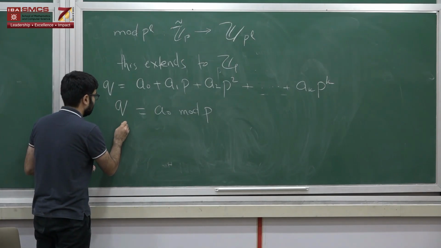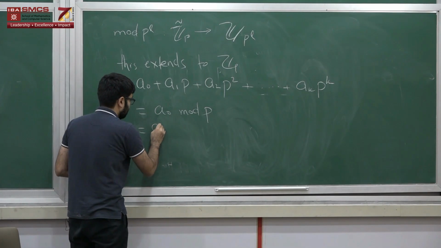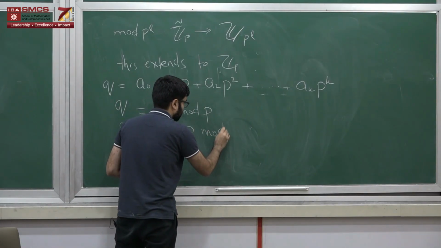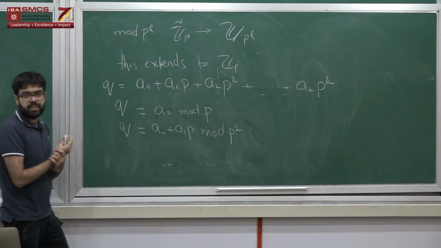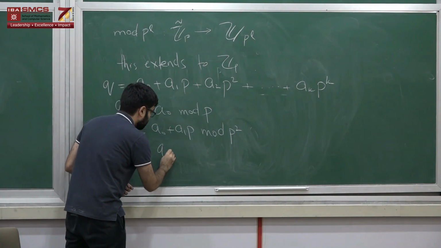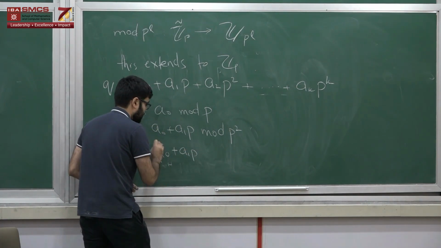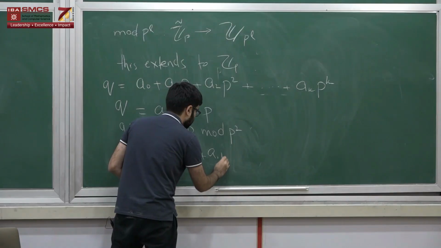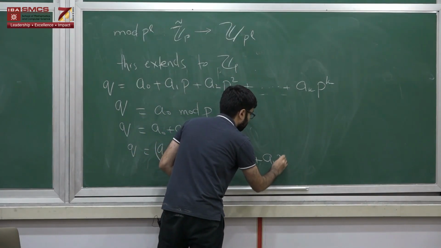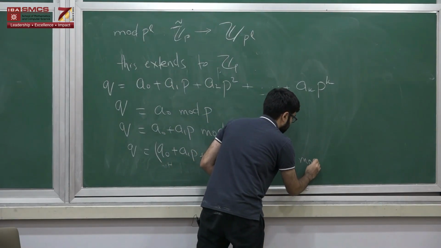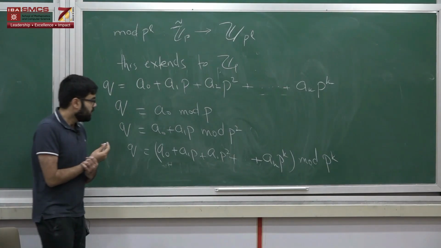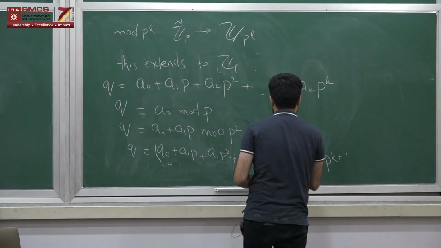Q is similarly a0 plus a1 p mod p squared, and Q is a0 plus a1 p plus a2 p squared plus so on up to ak p^k, mod p^(k+1). Yes, thanks.